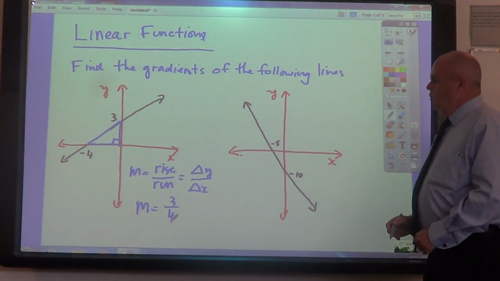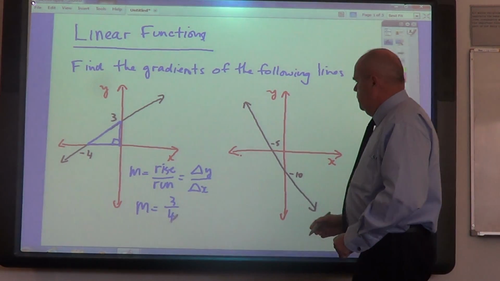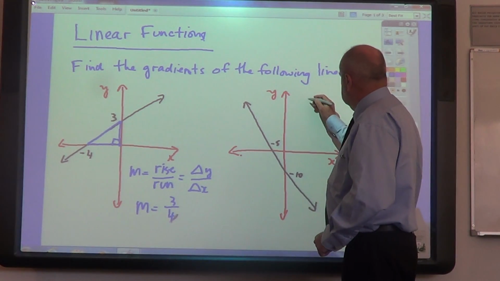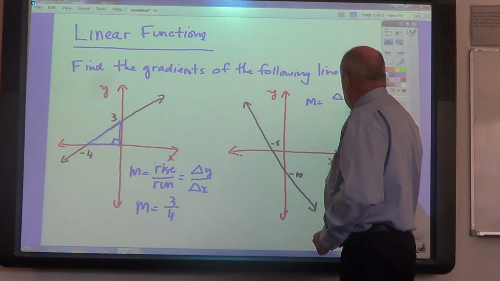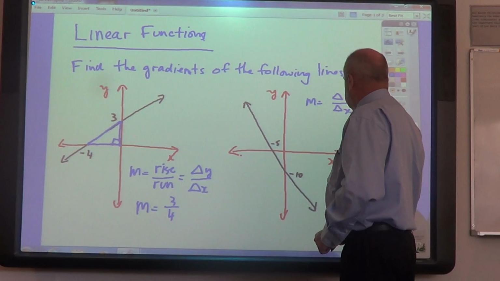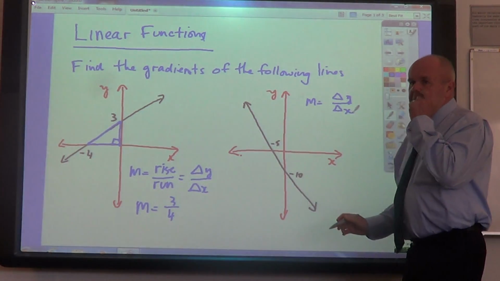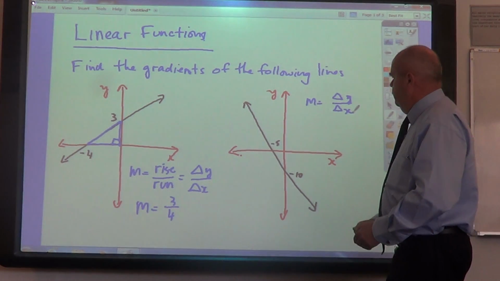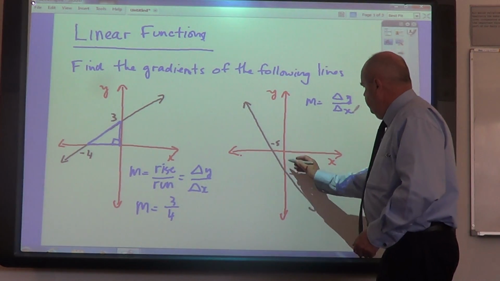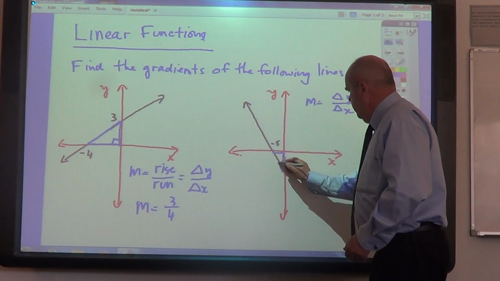In our second example, we're going to use exactly the same procedure. The M is rise over run, or difference in y over difference in x. Here I notice that the gradient is negative because the line is falling as we read it from left to right. Okay, so from here, here's my right-angled triangle.